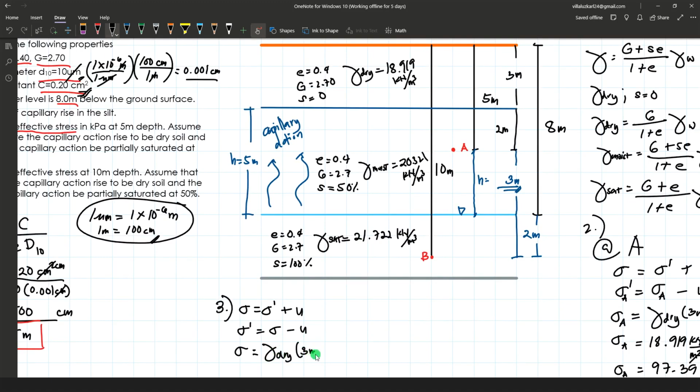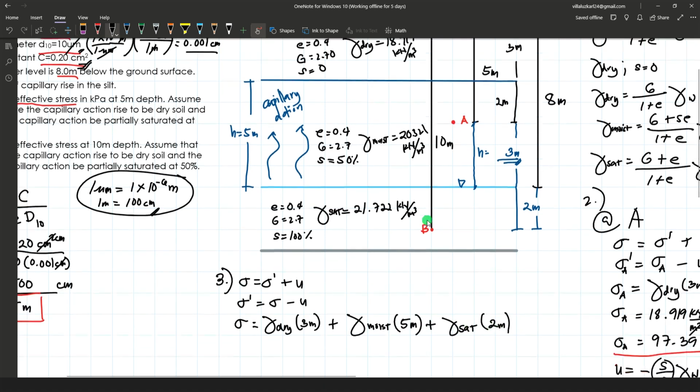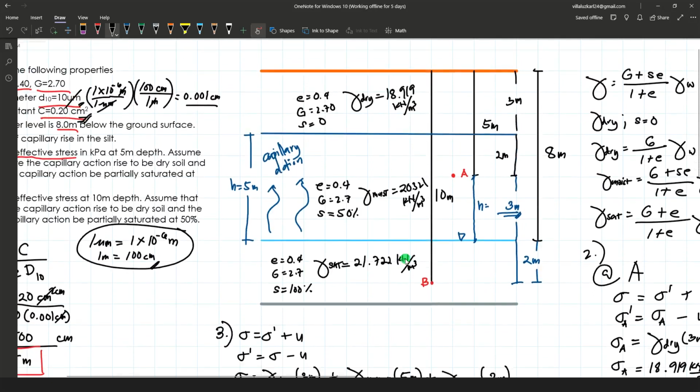So the dry unit weight multiplied by 3, plus the moist unit weight multiplied by 5 meters, plus the saturated multiplied by 2.